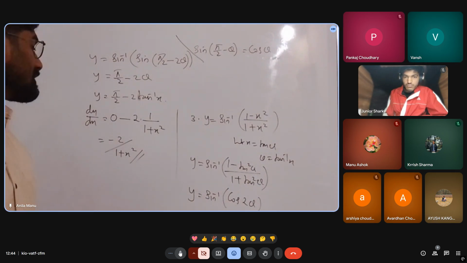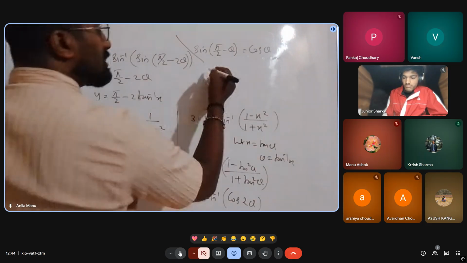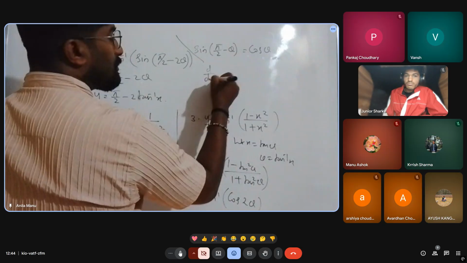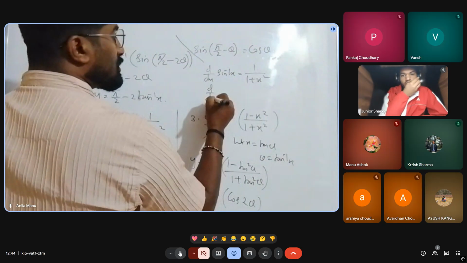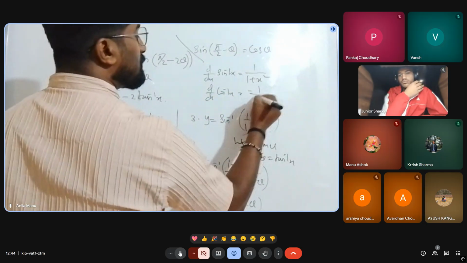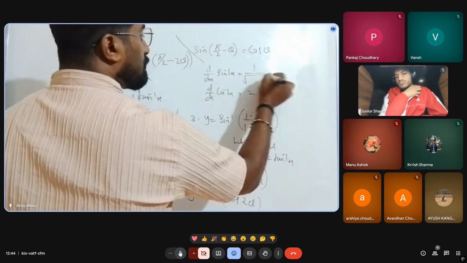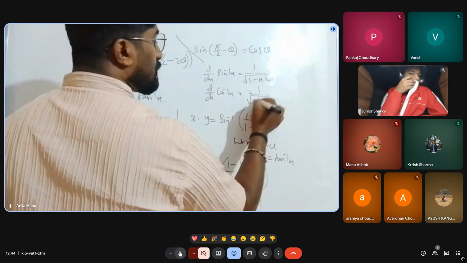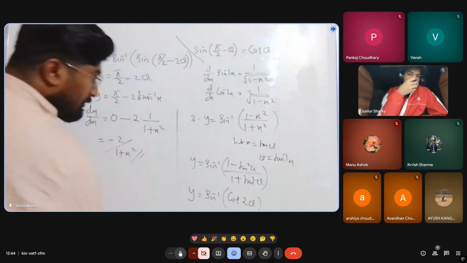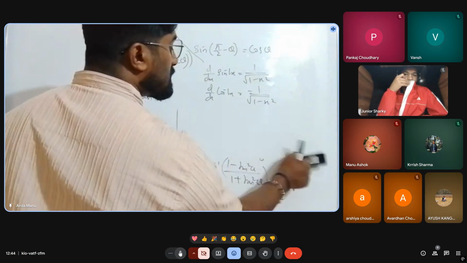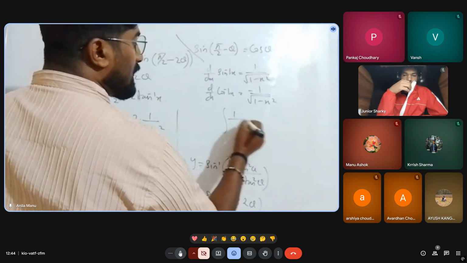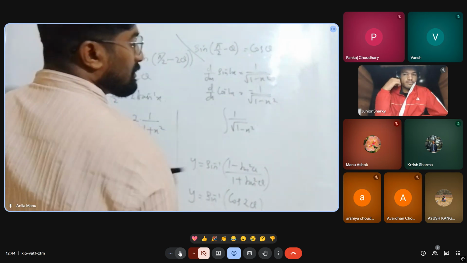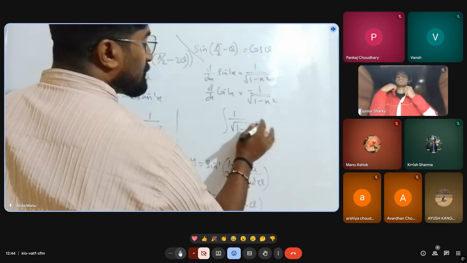When you take the integral, this is actually the derivative, slope of the tangent. You have two conditions. d by dx of sine inverse of x is equal to 1 divided by square root of 1 minus x square. d by dx of cos inverse of x is equal to minus 1 divided by square root of 1 minus x square. If I want to find the original function, that means a primitive, the antiderivative, the integral of 1 divided by square root of 1 minus x square, two possibilities are there.